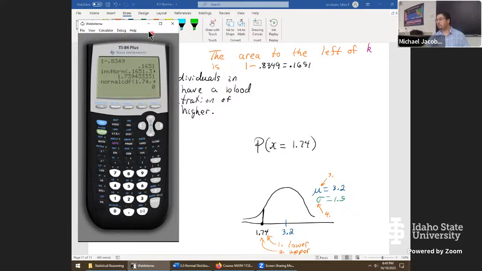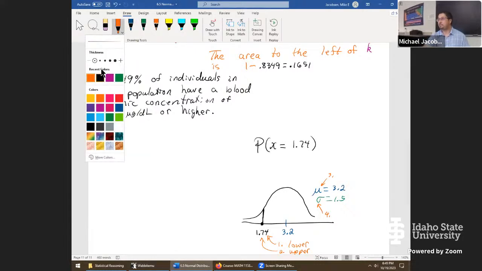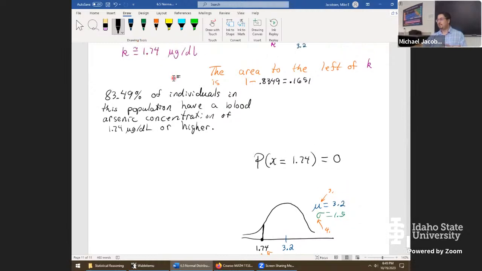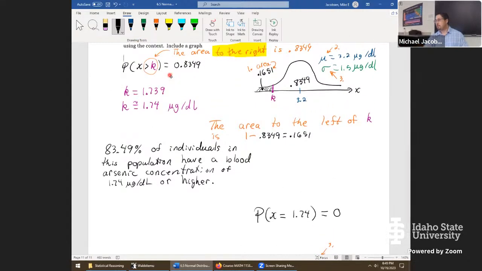So here is a really weird situation about these kinds of probability models. The probability of a single point emerging is null. It's always 0 whatsoever. And that means back in this problem, you could have written probability X greater than K, or you could have written probability X greater than or equal to K, and it's the same exact value because the or equal portion doesn't even change the probability.